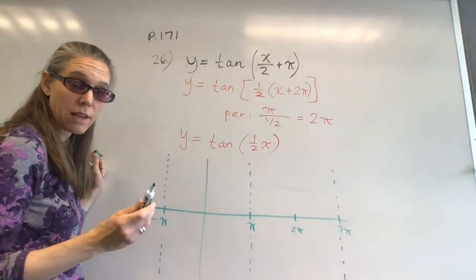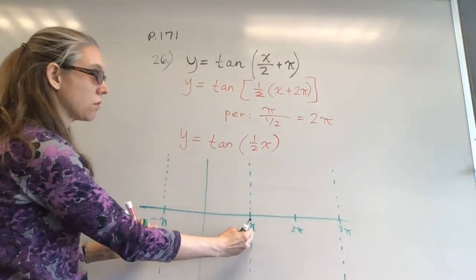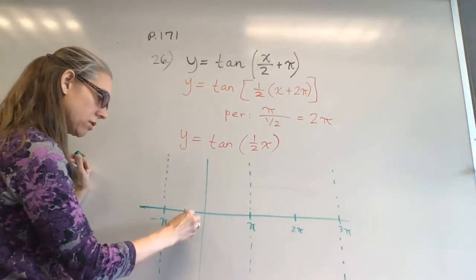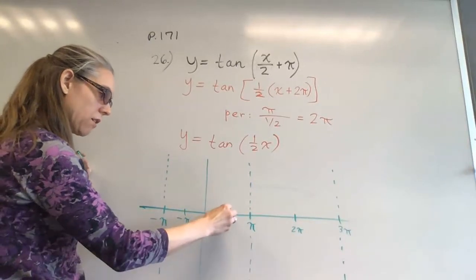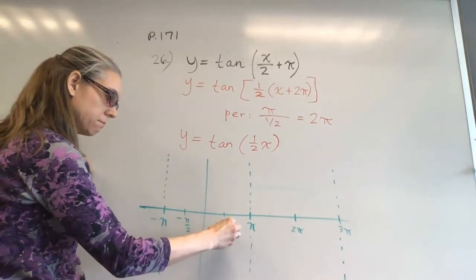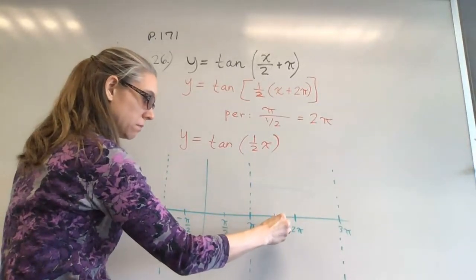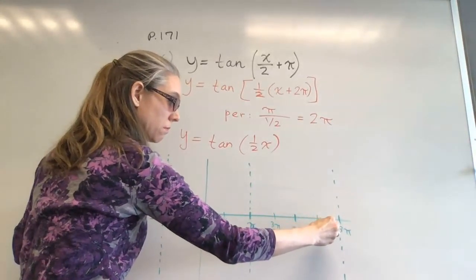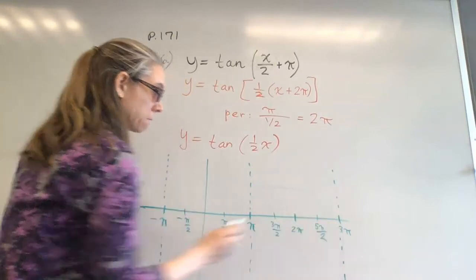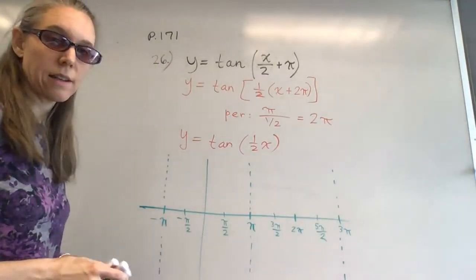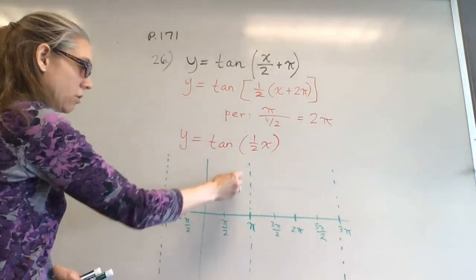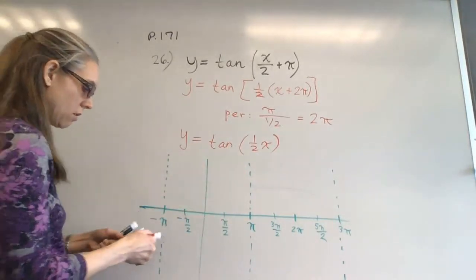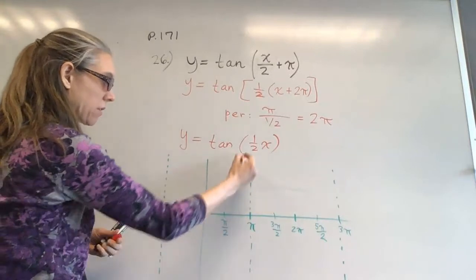For quarter cycles, 1/4 of 2 is 1/2. So that means my quarter cycles are at multiples of pi halves. And then lastly, tangent has an orientation like x cubed. So I'm going to have my graph go up.